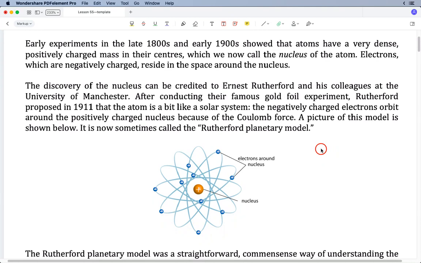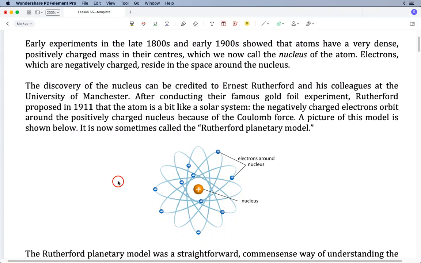Their results showed that these particles had to be colliding with something that was very dense and positively charged. And so they were able to deduce the structure of the atom in this way. They found that there's a very dense, positively charged nucleus in the center, and that the negatively charged particles reside in the space around it.